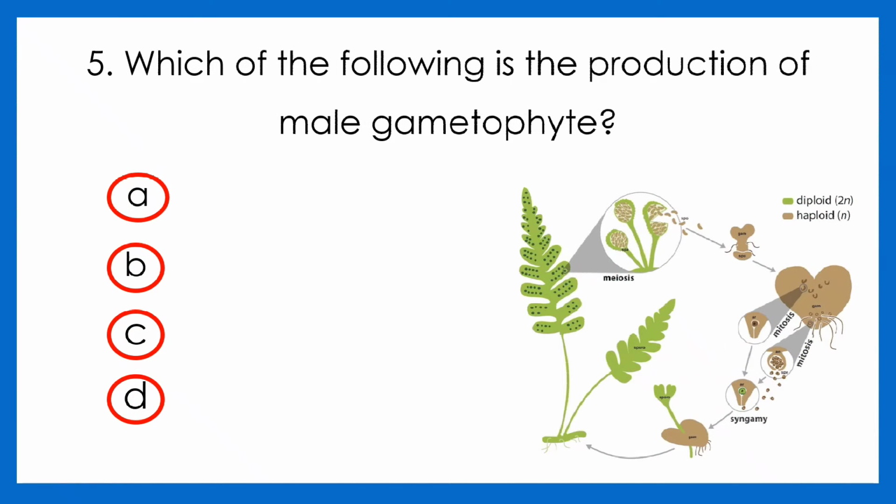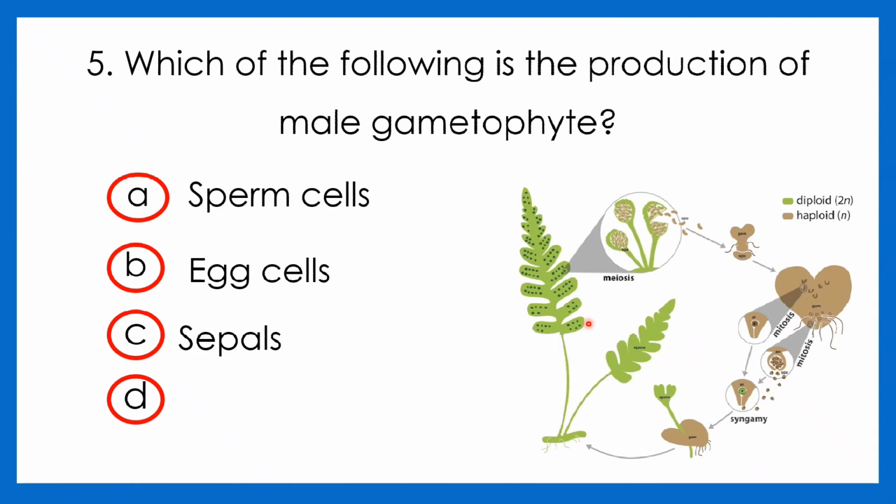Let's move on to number 5. Which of the following is the production of a male gametophyte? So this one is an example of a gametophyte process or production. Letter A, sperm cells.